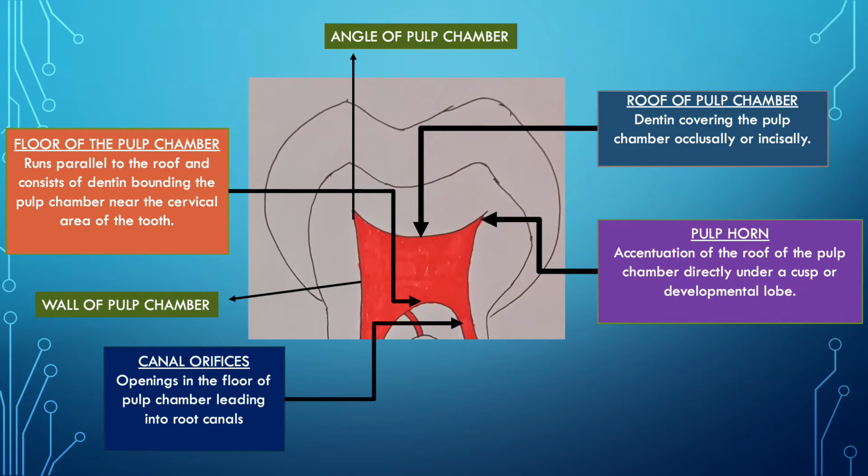The canal orifices, which are the openings continuous with the root canal system. There are walls of the pulp chamber and angles of the pulp chamber. The walls derive their name from the corresponding surface, and the angle of the pulp chamber is the angle formed between the walls. Okay, so that is about the different parts of a pulp chamber and what a pulp chamber is.